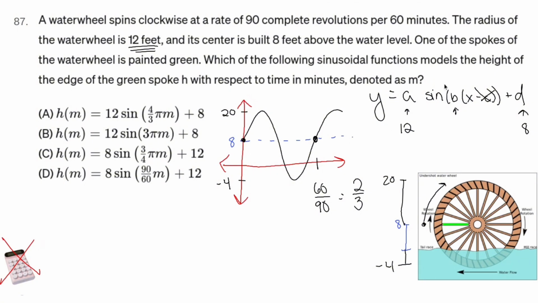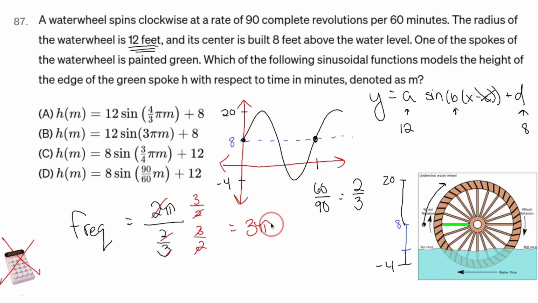What I need to do is find out what my frequency is. Now, my frequency is found by doing 2 pi over the period, which is 2/3. Multiply the top and the bottom by 3/2, its reciprocal. So that crosses out, that crosses out. I now have 2 pi times 3/2, so the 2's cross out, and I'm left with 3 pi.